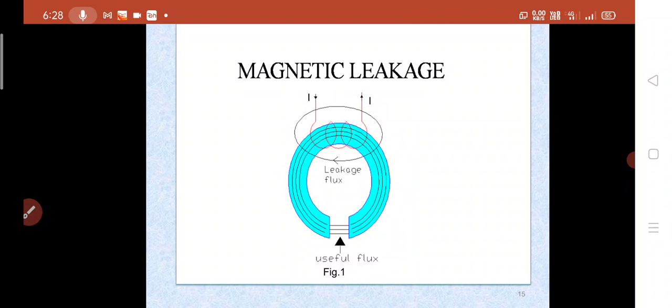But in practice, some flux leaks through the air and does not take part in the operation. Such flux is known as leakage flux and is denoted by ΦL.